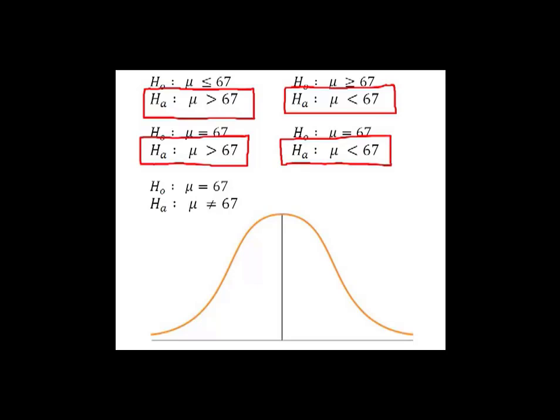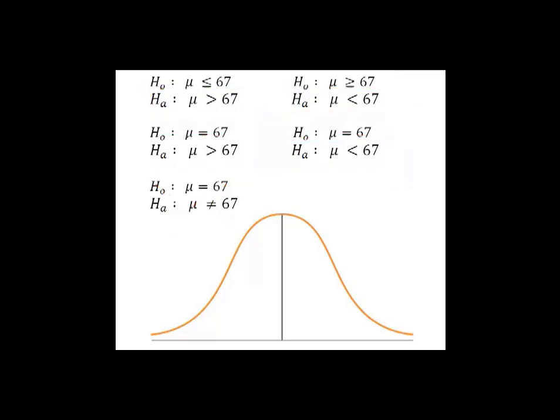Because remember, this is what we're going to put to the test. So, you've already got a big clue. Since you don't have one of these, then you know that all of these are one-tailed tests. How do I know which tail? Watch this.